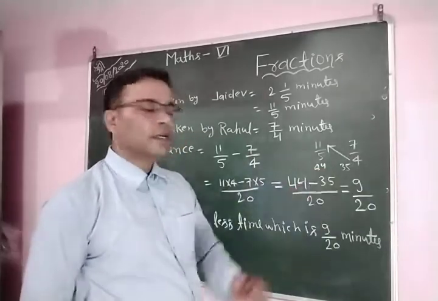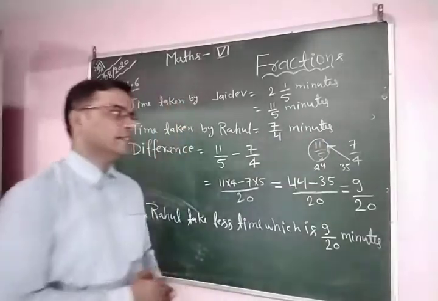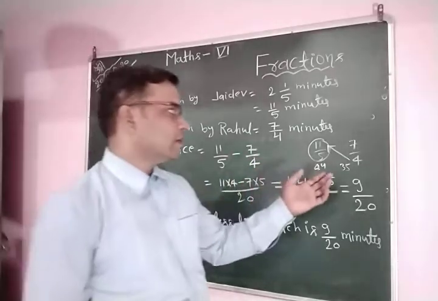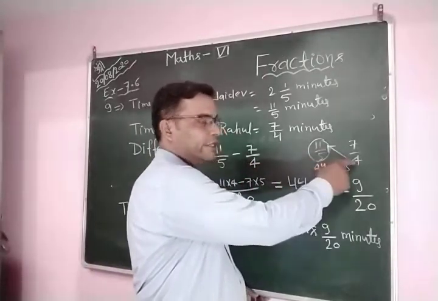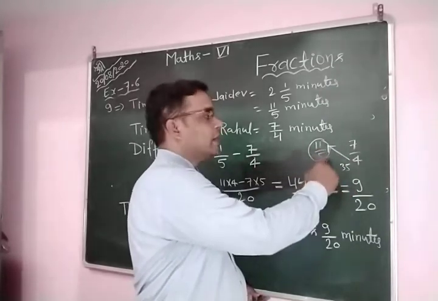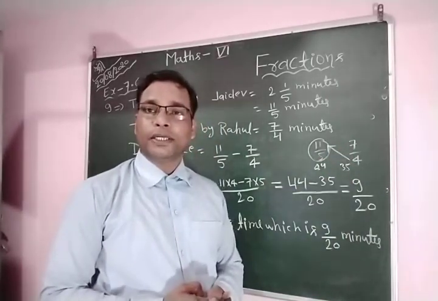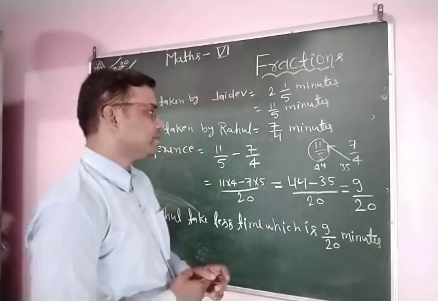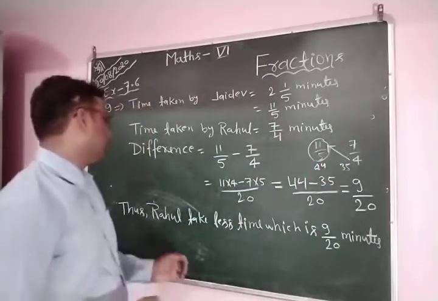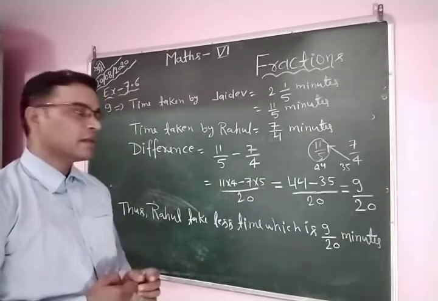So obviously you can say 44 is greater than 35. It means that 11/5 is greater than 7/4. If you multiply the numerator of this with the denominator of the other, 11 into 4 is equal to 44, and 5 into 7 is 35. So 44 is greater than 35, so this fraction, 7/4, is less. So you can say Rahul takes less time.